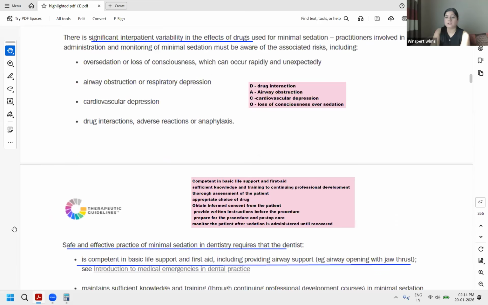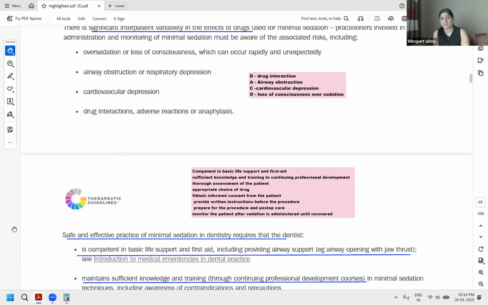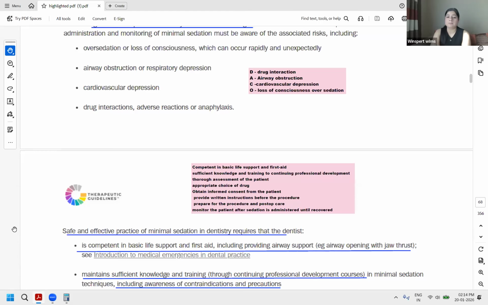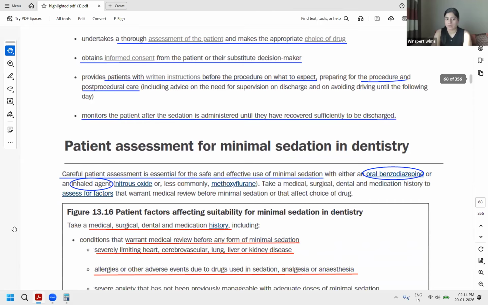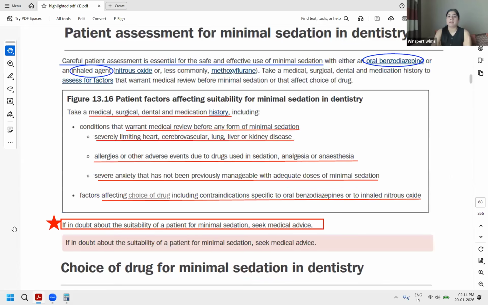Then the safety considerations when you are assessing the patient are to check the drug interactions, any airway obstruction, cardiovascular depression risk; loss of consciousness also can happen with over-sedation. So do the patient's assessment with the patient's complete medical history, which is by taking their complete medication history, surgical history, medical history, dental history.